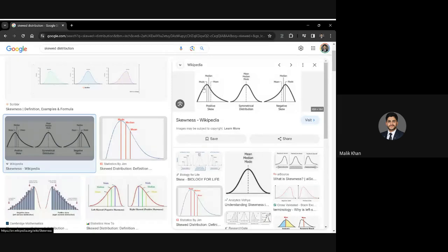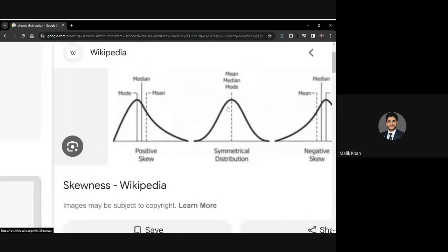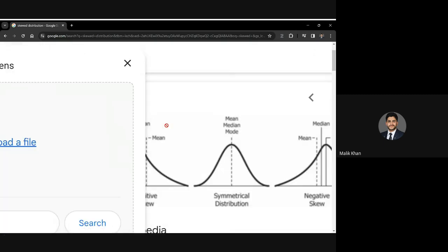It will become longer if most of the values lie towards this side. This tail will become longer, which means most of the values are now above 50, for example. So you'll have a lot of data points over here, and your curve will become skewed.